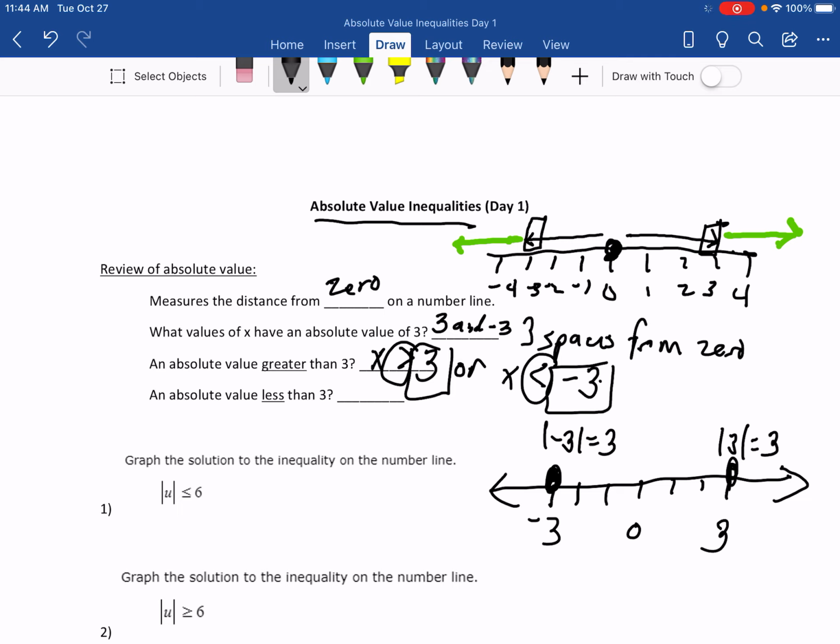Stuff that's left of 3, so 2 is certainly going to have an absolute value less than 3. Same with 1, 0, and negative 1, since the absolute value of negative 1 is 1, which is less than 3. Same with negative 2. So everything in between gives you an absolute value of less than 3.